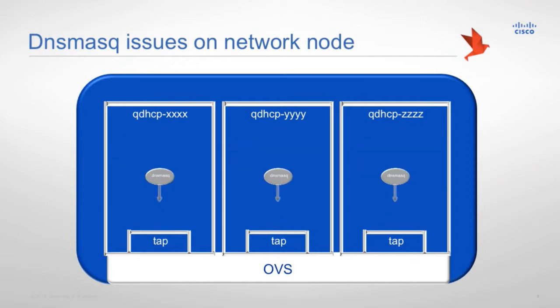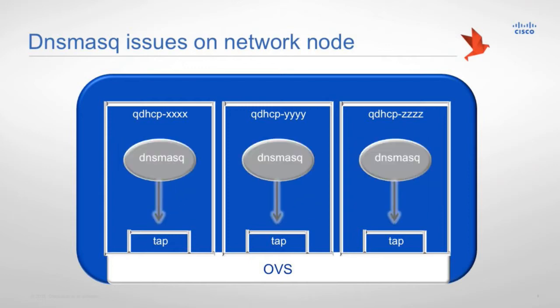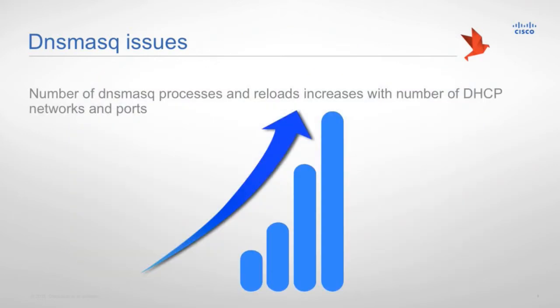But when there are a lot of networks, they do actually consume a lot of CPU, memory, and disk resources. So that's the problem with Dnsmasq. They keep reloading. And what we found in our lab testing is the number of Dnsmasq processes and reloads both increase over time when the number of ports and networks increases. So that's not really scalable with lots of DHCP networks and ports.